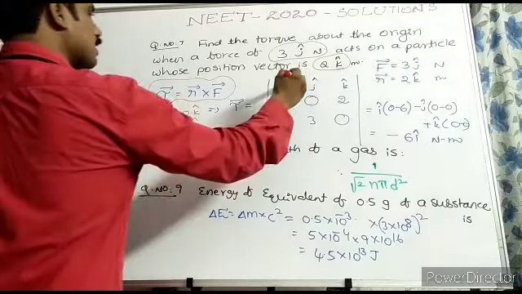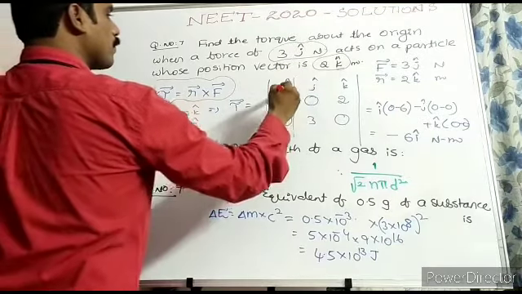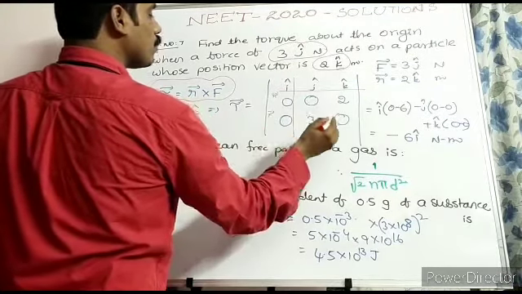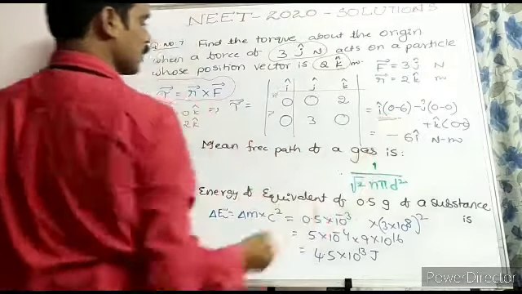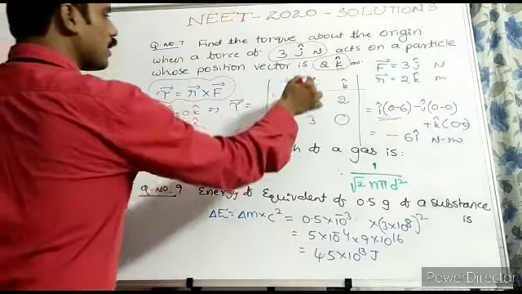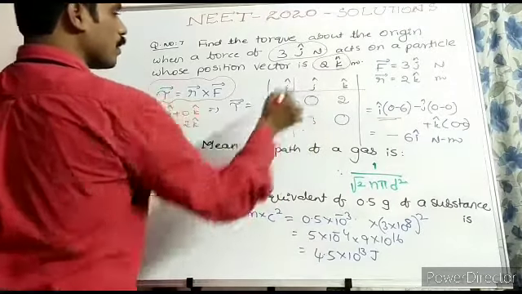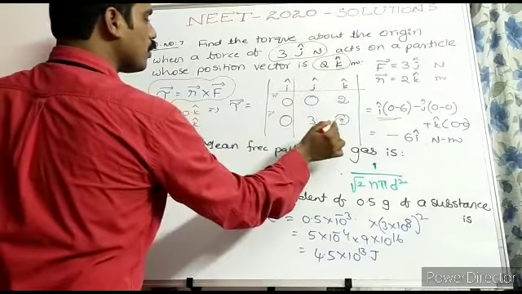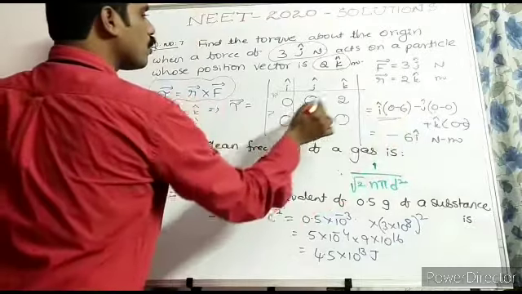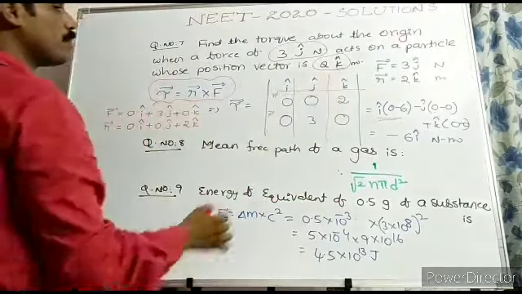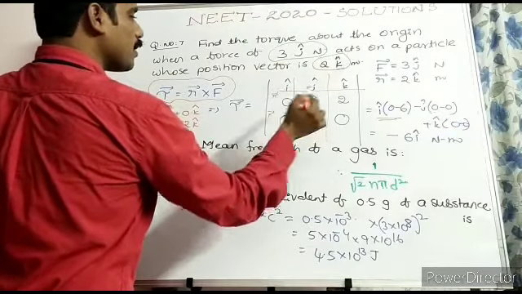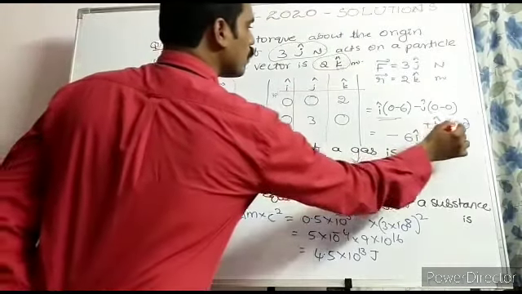So by taking the first column, first row, 0 into 0 minus 3 into 2, 0 minus 6, minus j into second column, first row, 0 into 0, 0, 0 into 2, 0, plus k cap into 0 into 3 minus 0 into 0, 0, 0.